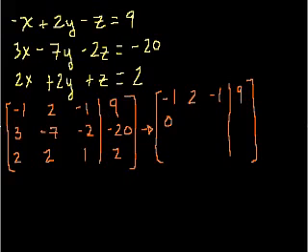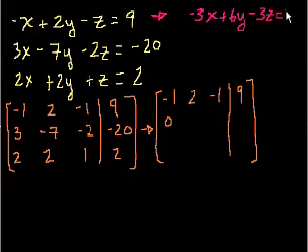So let me actually do it one time just so you see what I'm doing. I just multiplied this top equation by 3. So you get minus 3x plus 6y minus 3z is equal to 27. And I'm adding that to this. So minus 3x plus 3x is 0. 6y minus 7y is equal to minus y.